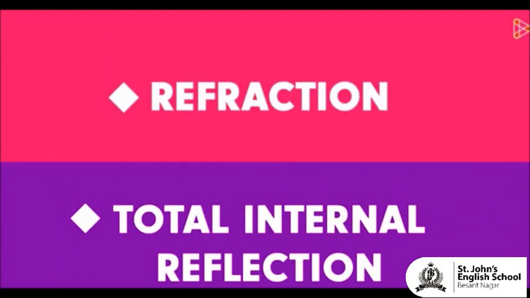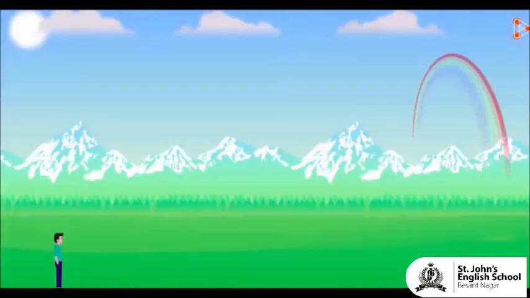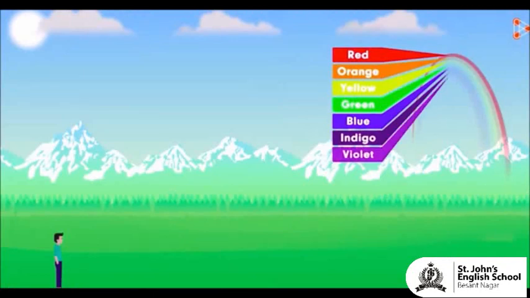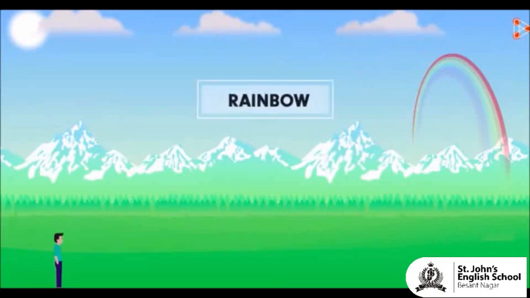They refract and disperse the incident sunlight, then reflect it internally and refract it again when it comes out of the raindrop. Due to the dispersion of light and internal reflection, different colors reach the observer's eye.